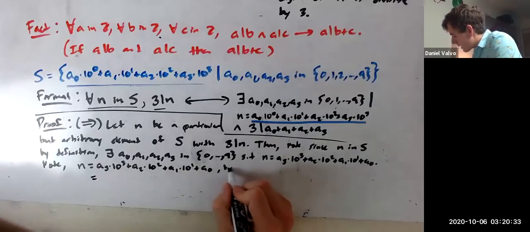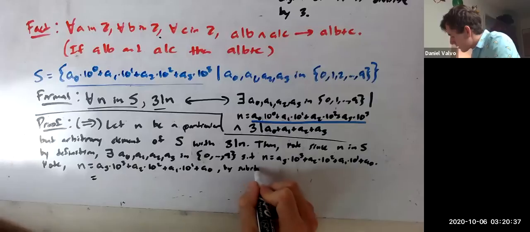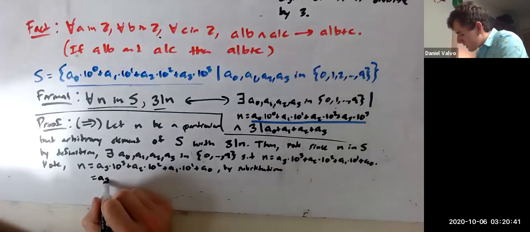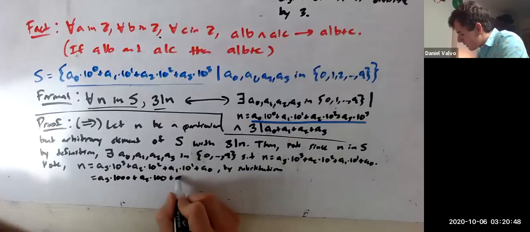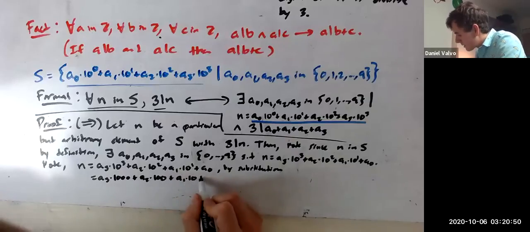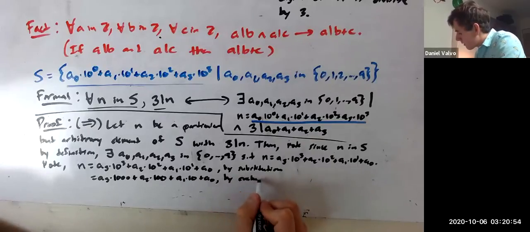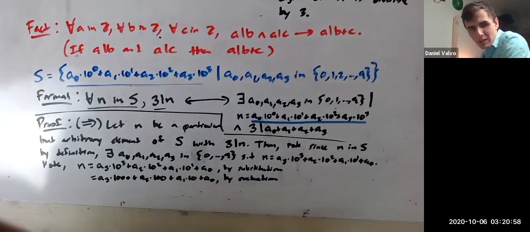This is by substitution, which equals A3 times 1,000 plus A2 times 100 plus A1 times 10 plus A0, by evaluation, or evaluating what 10 cubed and 10 squared and all that means.